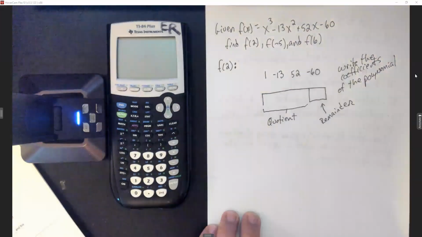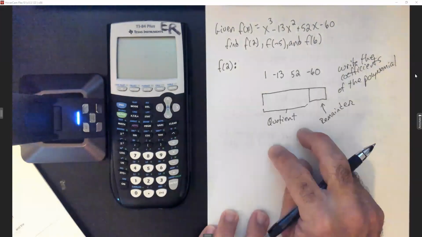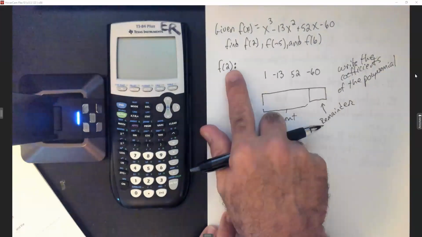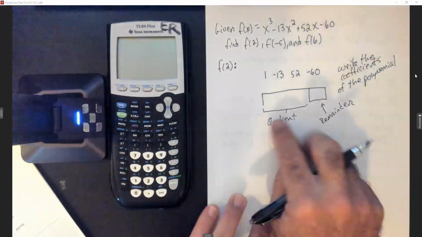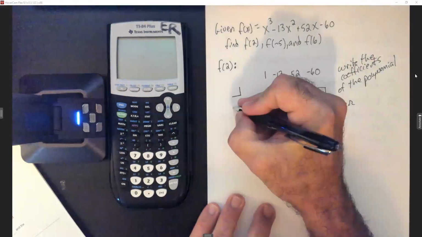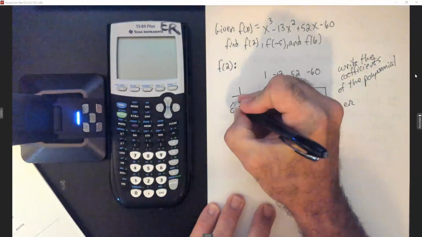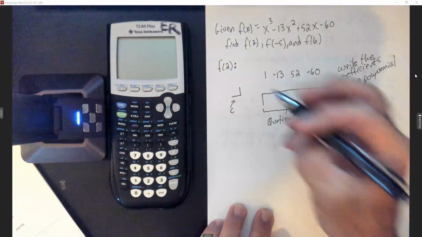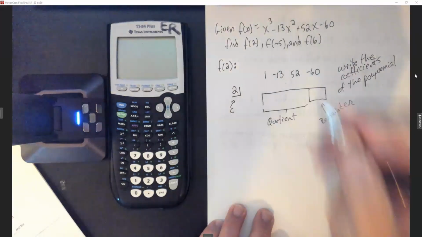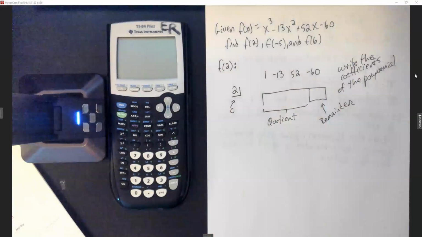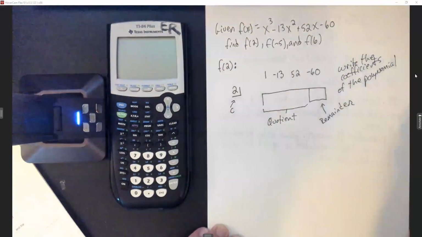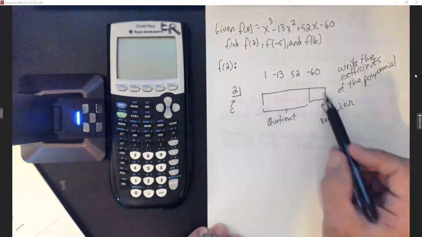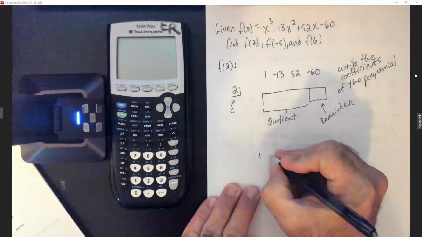Remember, the quotient is what you get after you divide your polynomial by our first number, which was a 2. Now, over here to the side, I would put a little box for what I call my C. And the C is basically what I'm going to be dividing by. So in this case, it'll be the 2. Since that's the first function value they want me to find, 2 will be in my little box. Once I divide, this will be my quotient, and then over here will be my remainder. All right, so I'm going to draw this again so that it looks better when I'm working it.